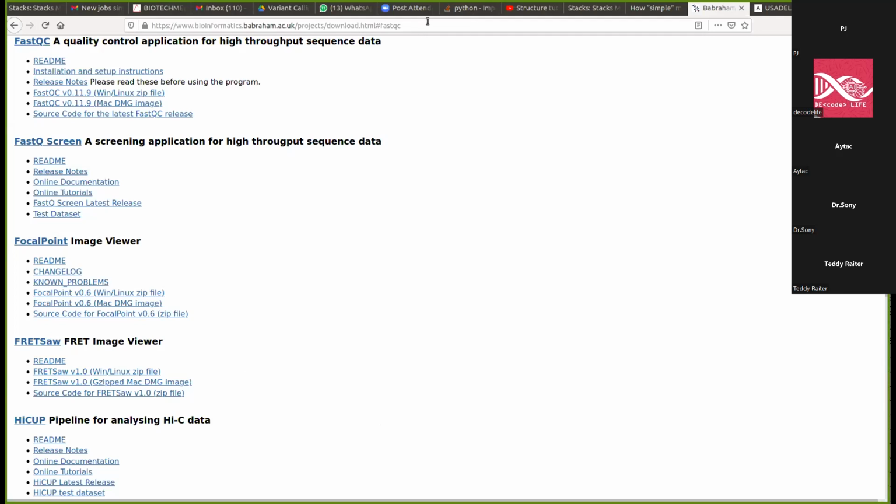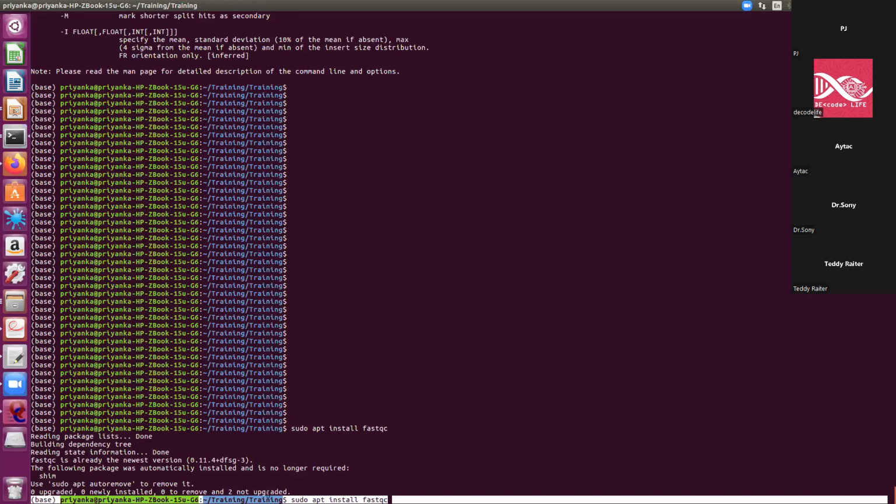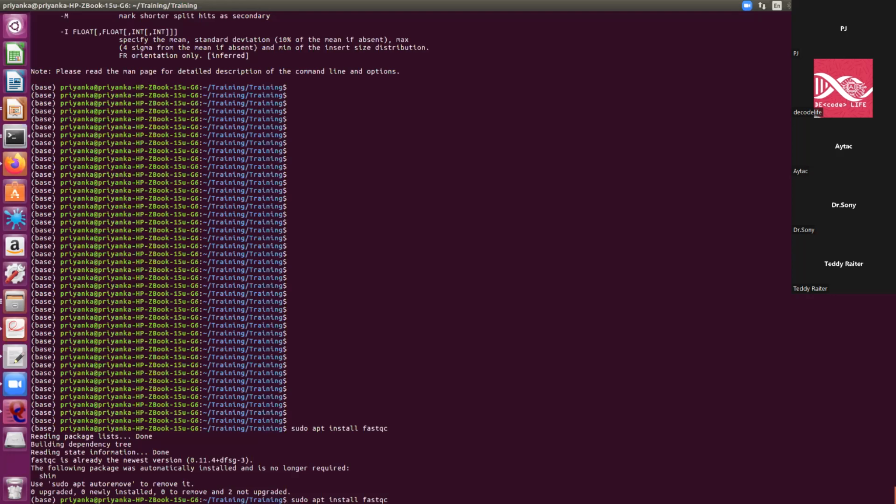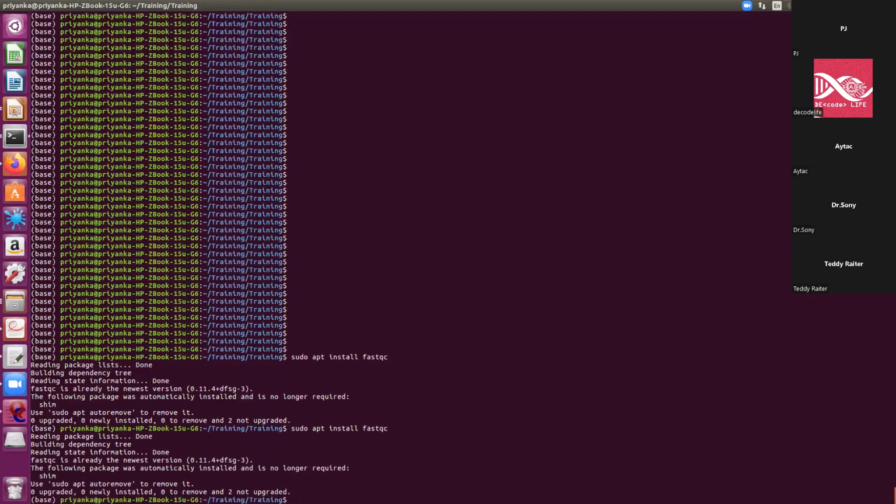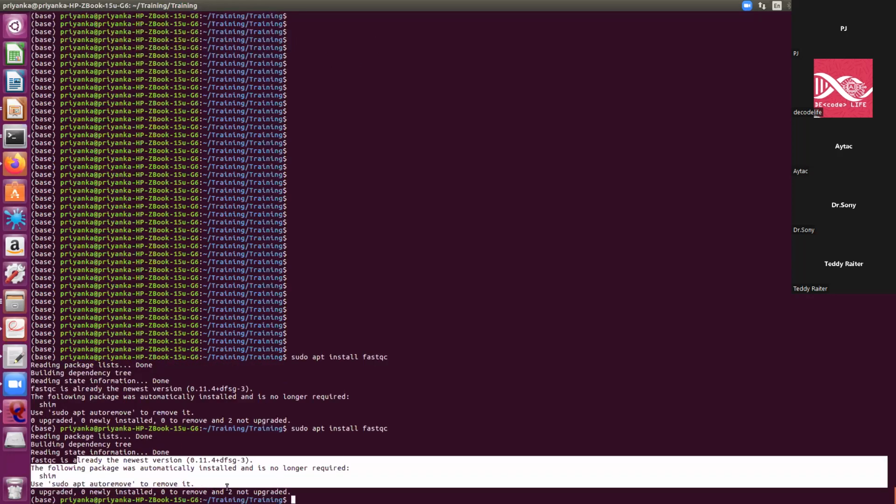I will share my screen again. See, in the new share, I'm showing that you can type this command, sudo apt install FastQC. This will install your FastQC software. Mine is already installed, so it is saying that I have the latest version.